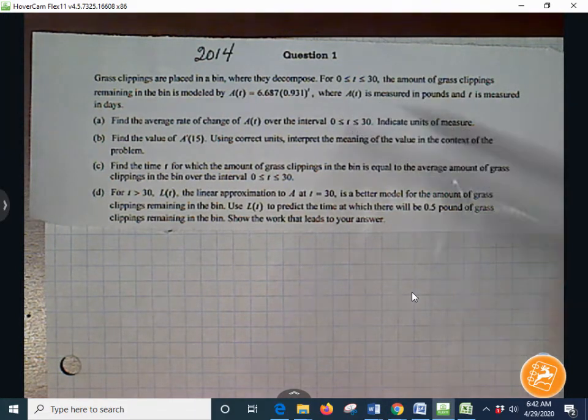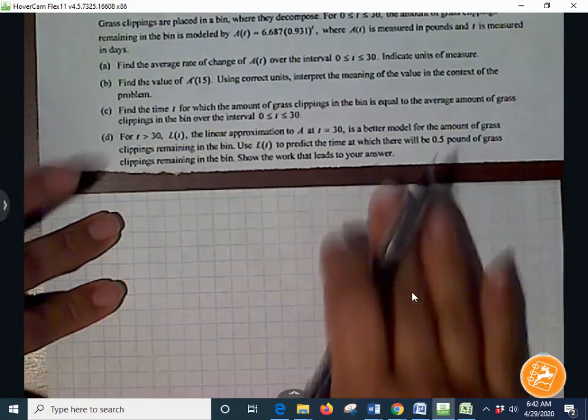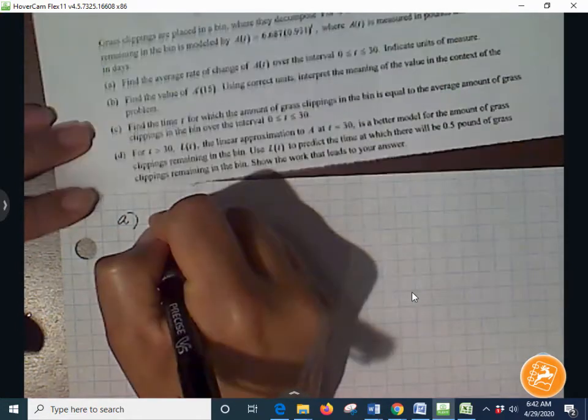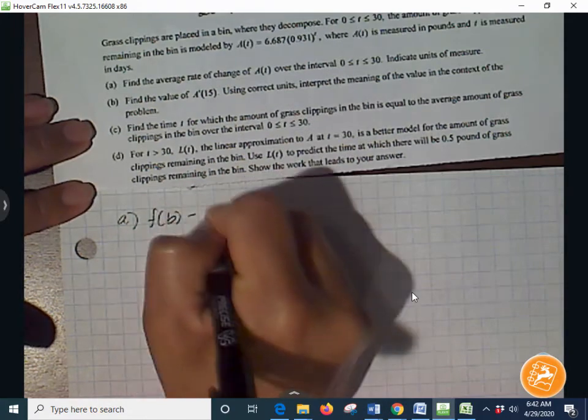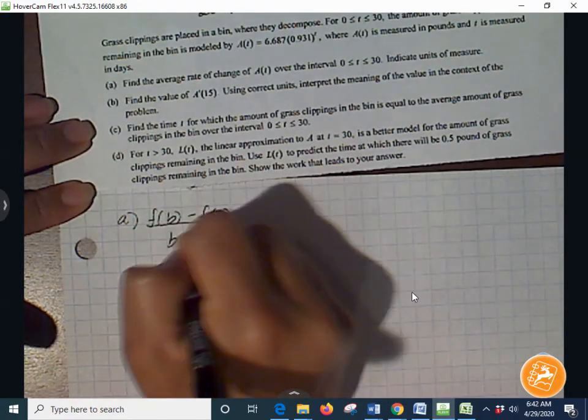All right, so part A says find the average rate of change of A of t over the interval 0 to 30. Indicate the units of measure. Okay, so keyword average rate of change. When I see average rate of change, let me think back to my flashcard. That is f of b minus f of a all over b minus a.